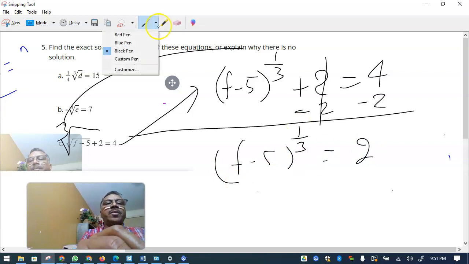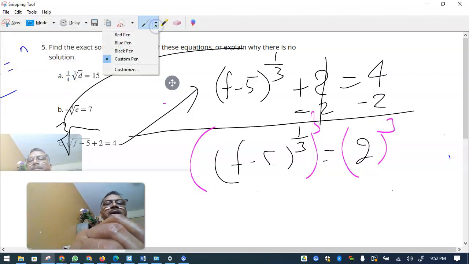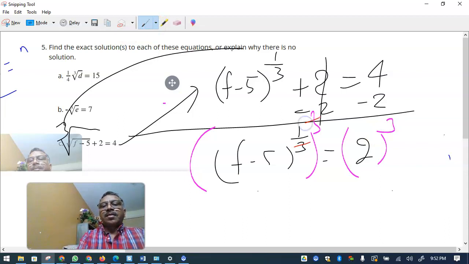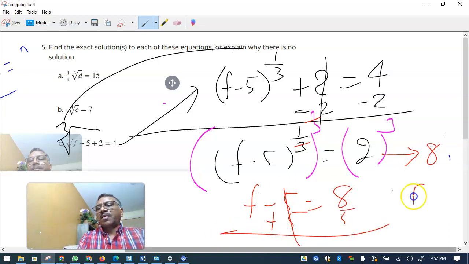Then you can cube both sides. So when you cube both sides, you end up cancelling this and you get f of -5. 2 times 2 times 2 is 8, so that's like 8, and you add 5 and that goes away and you get equals 13. You're done. So that's easy.